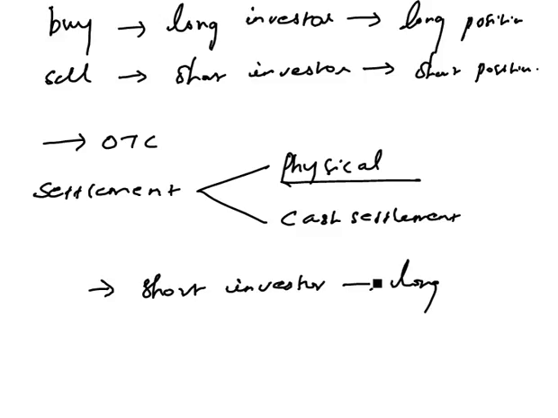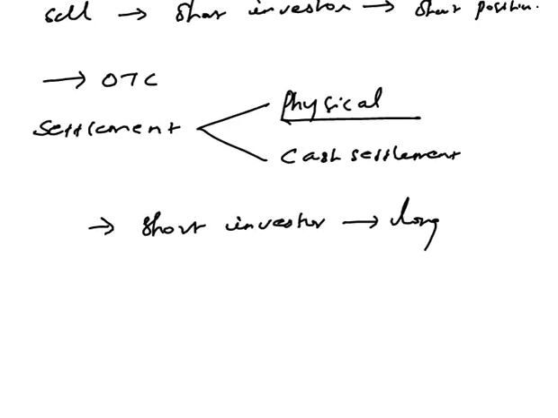The payment is as per the agreed forward price, and the date is as per the agreed expiry date. Let us take a simple example to understand this physical settlement of forward contracts.